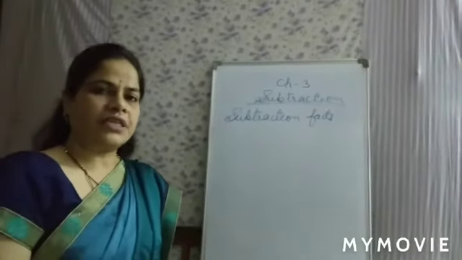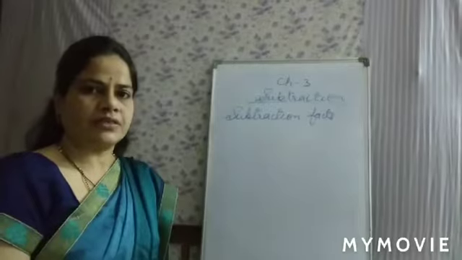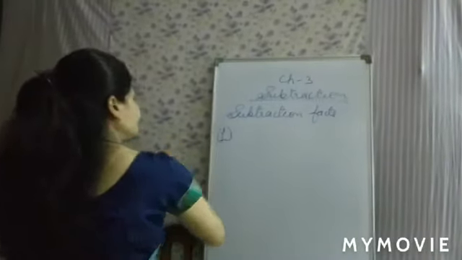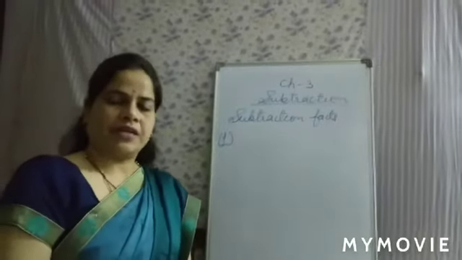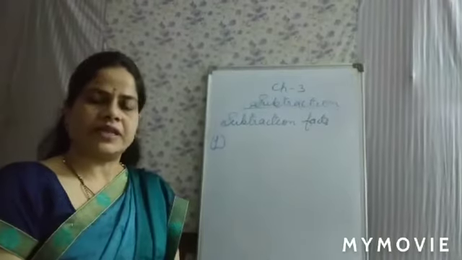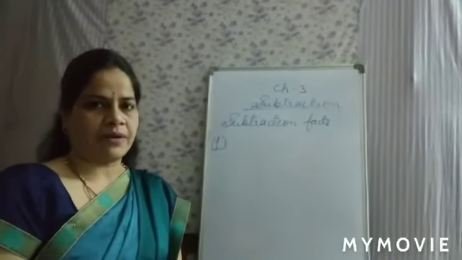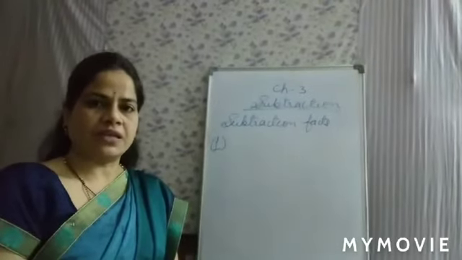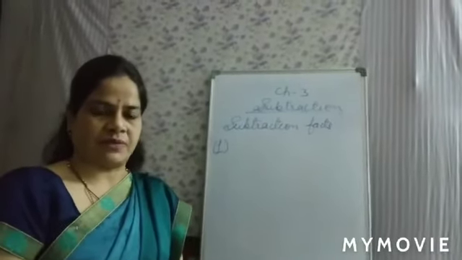You have 3 subtraction facts in this chapter. The first fact is, when 0 is subtracted from any number, you will get the same number. I am repeating, when we subtract 0 from any number, we will get the same number.